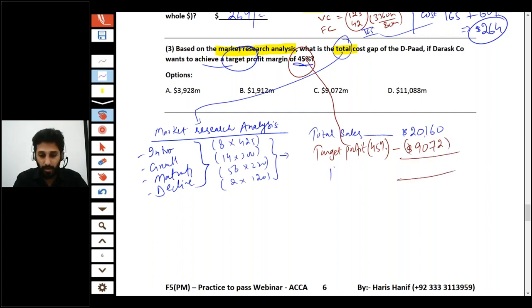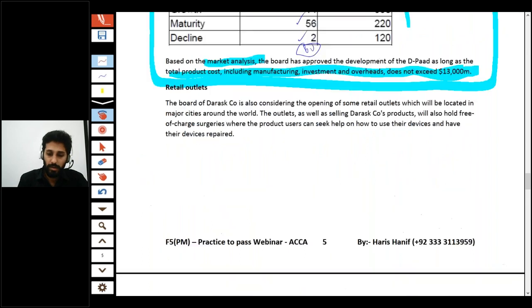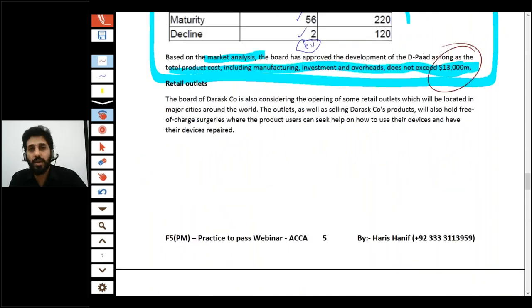And that is target cost. So if you want to earn this target profit, your cost should be 11088, right? And what is the estimated cost? The estimated cost is this 13,000 million.